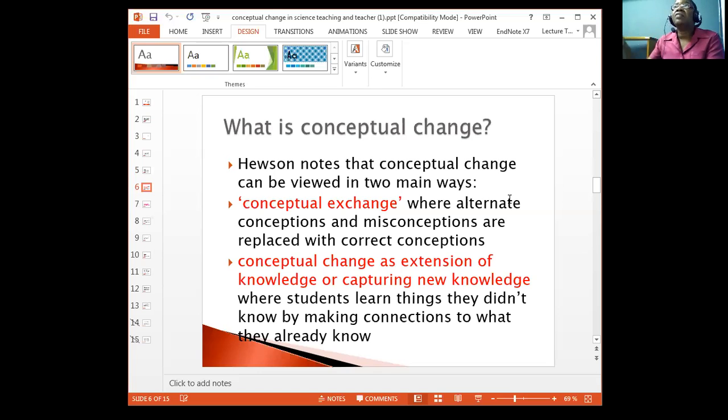For example, if we're talking about acids and bases, at a very basic level, the student may understand an acid as something that contains hydrogen. But then that can be extended, because we could begin to ask, is everything that contains hydrogen an acid, right? So the student begins to extend their knowledge and capture new knowledge. Basically they're now learning things they didn't know before, adding to their knowledge bank, if we want to call it that.